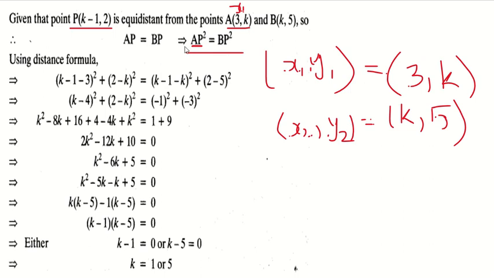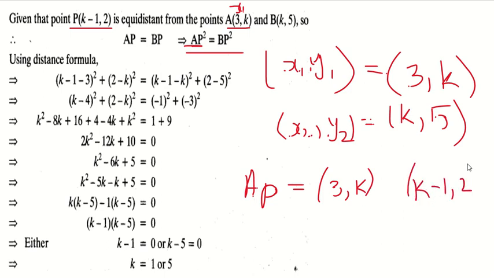See here for this AP, how can we take it? For AP, what are the points of x1 and x2? What is A point over here? A point is 3 comma k. What is the P point we are getting? K minus 1 comma 2. This is x1, this is y1, and this is x2, y2. This is for AP.